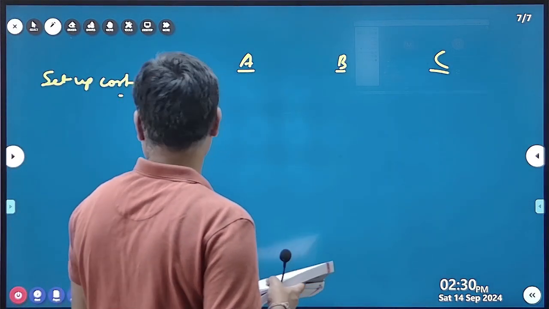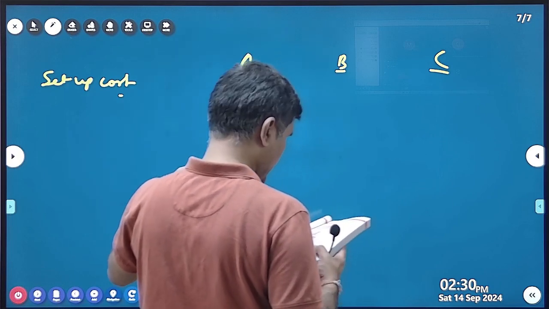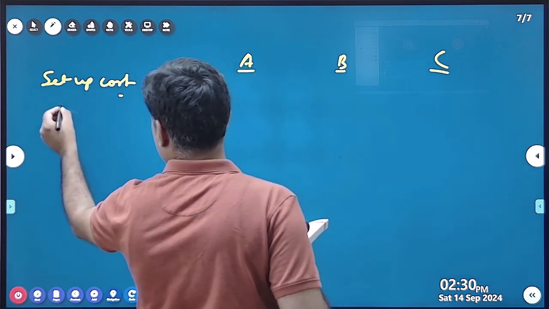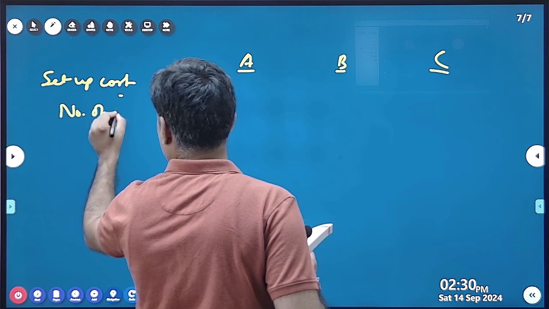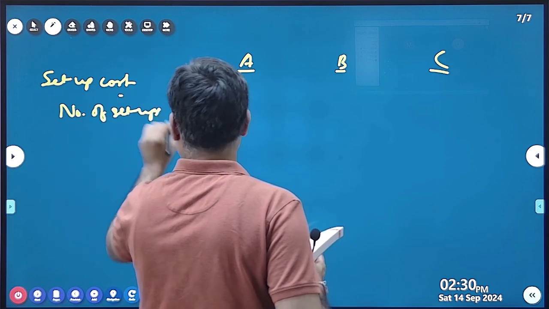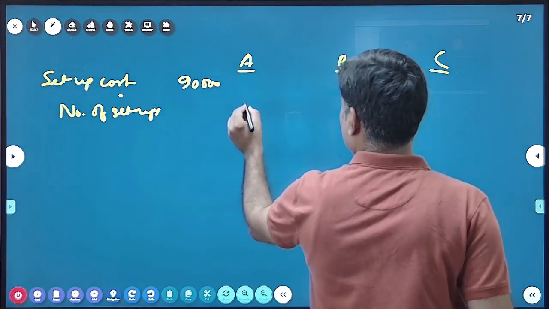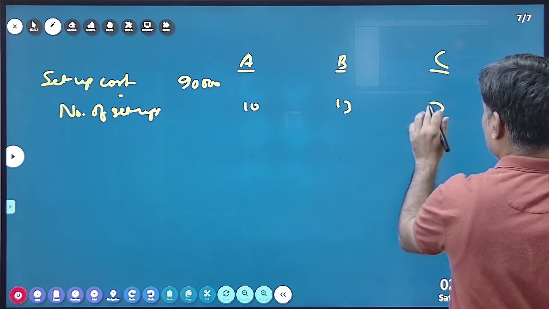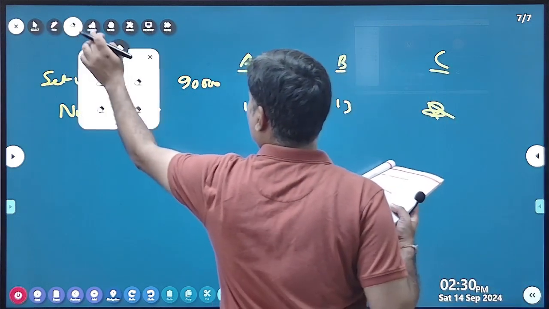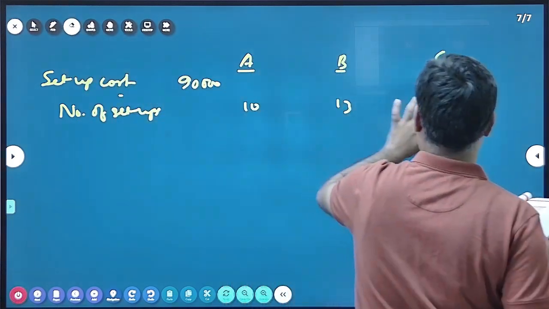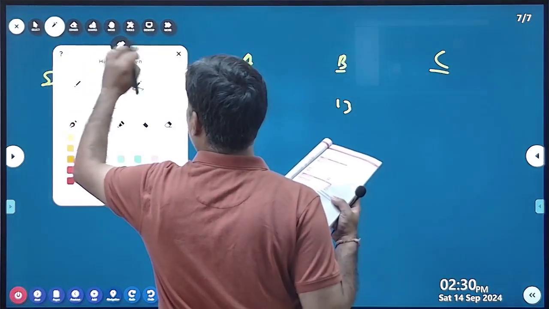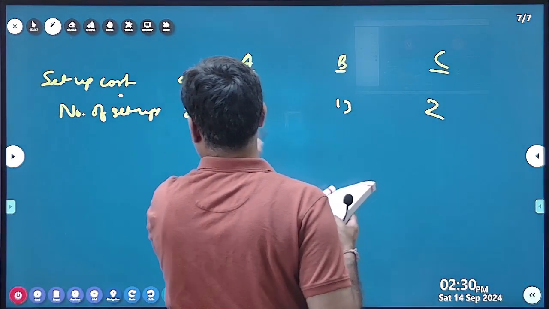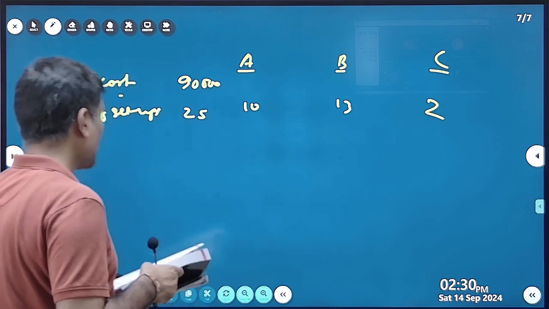Setup cost is 90,000. And number of setups, how much? 10, 13 and 2, 25.